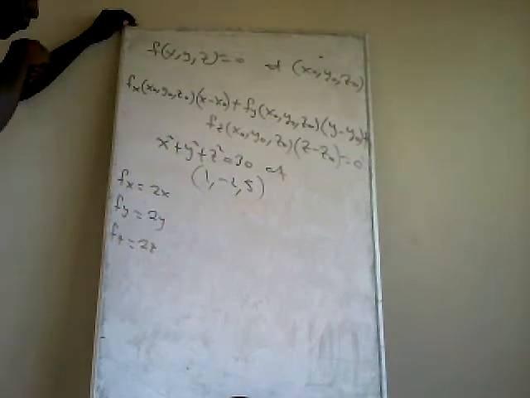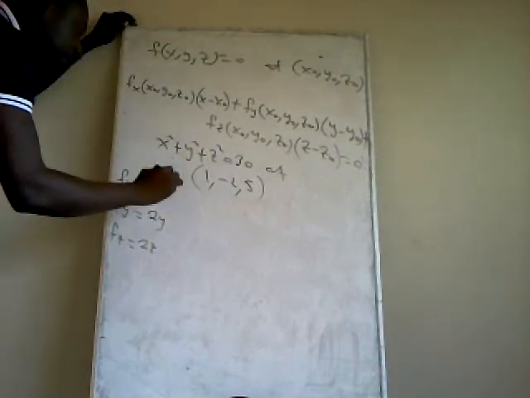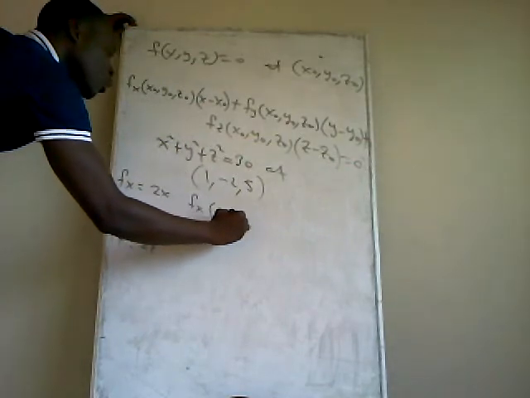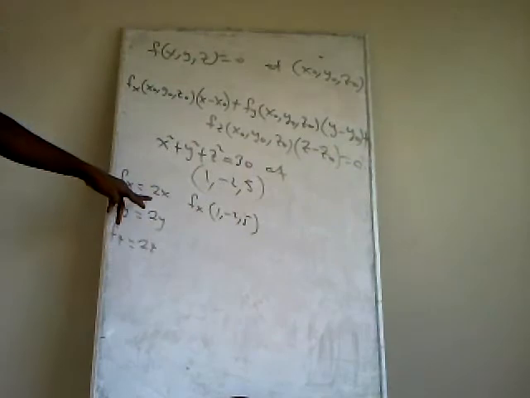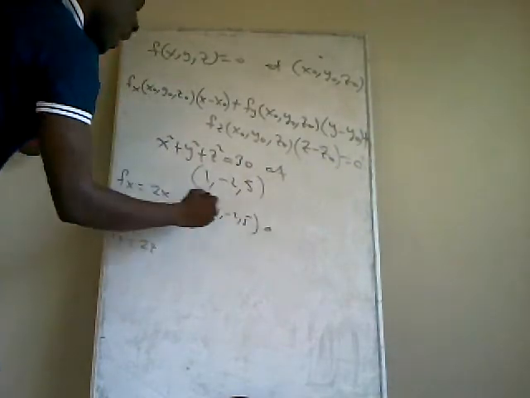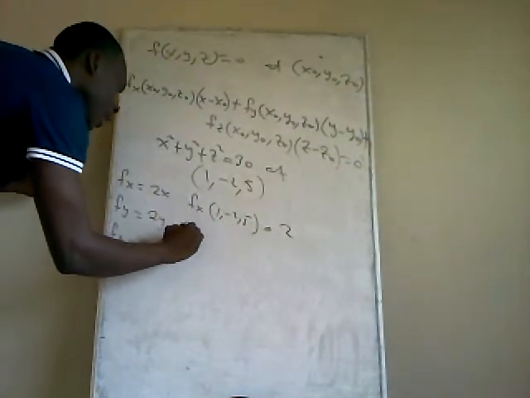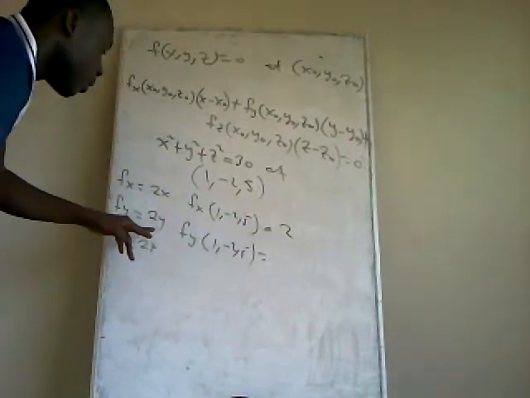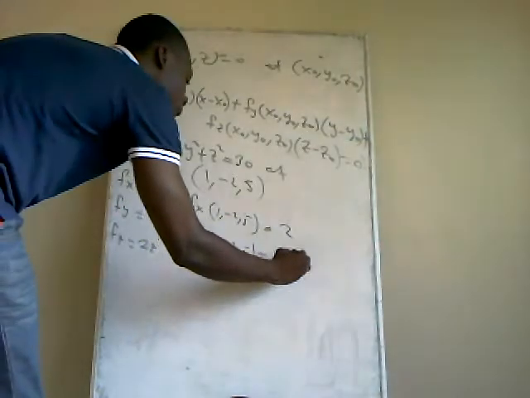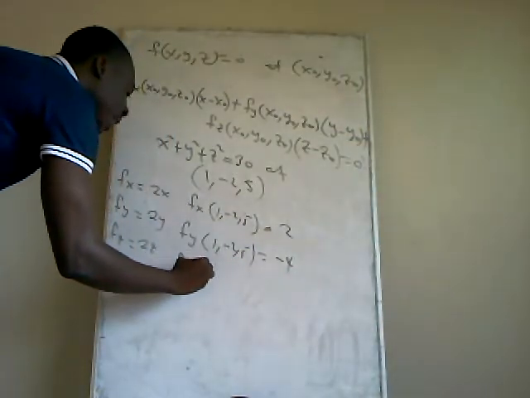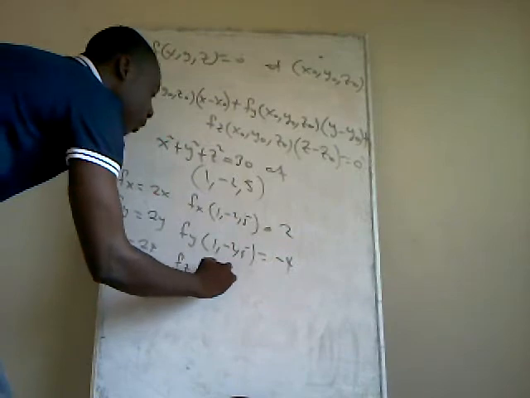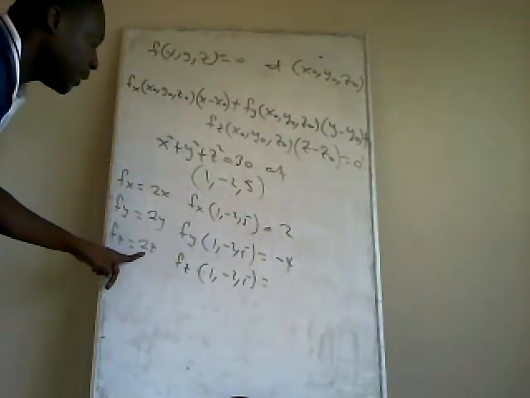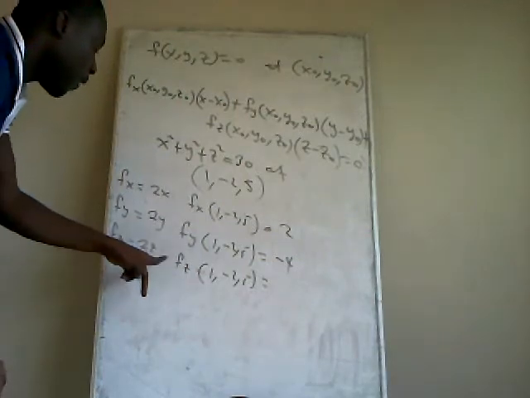Now, fx at 1, minus 2, 5: in place of x, we put 1, so I have 2. Fy at 1, minus 2, 5 is minus 4. And fz at 1, minus 2, 5 is 20. No, it's 10. When I put 5, I get 10. Okay, so 10.